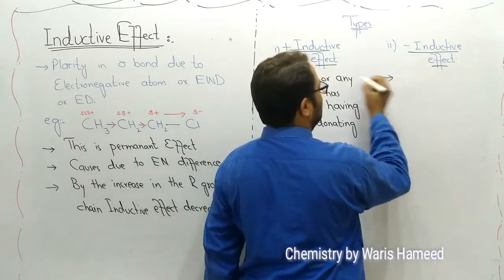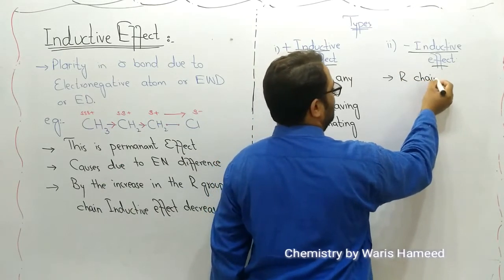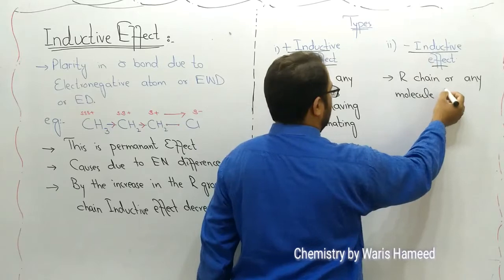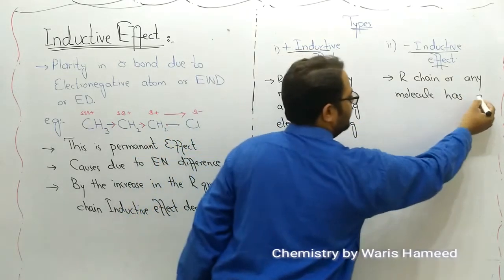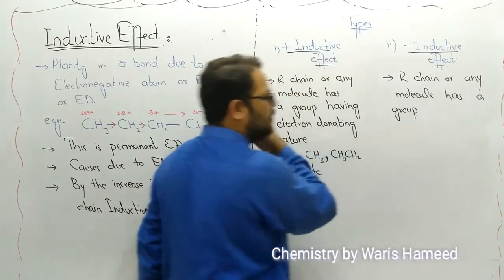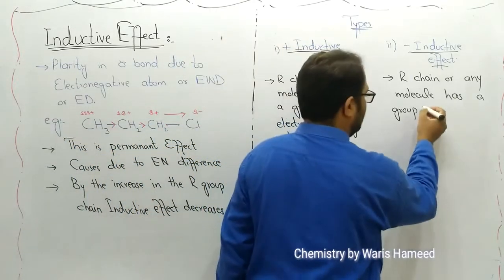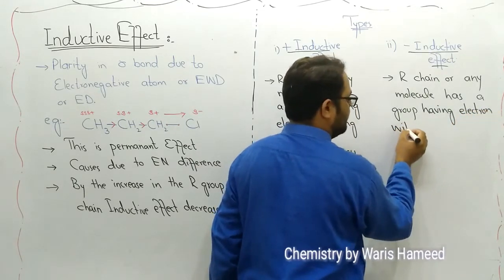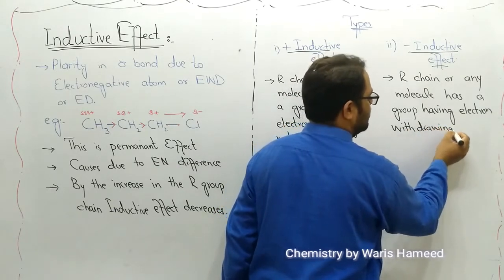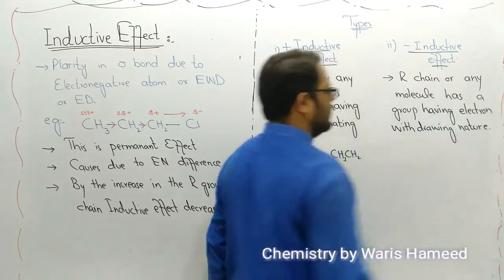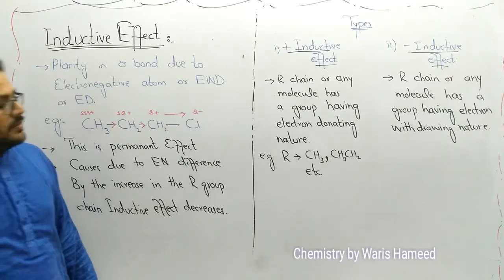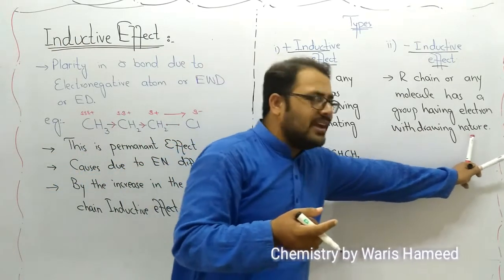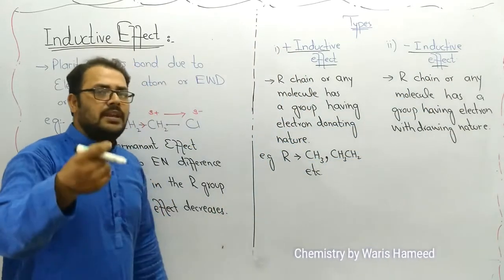In case of negative inductive effect, an alkyl chain or any molecule has a group having electron withdrawing nature, then the inductive effect caused due to that group which has electron withdrawing nature will be negative inductive effect.